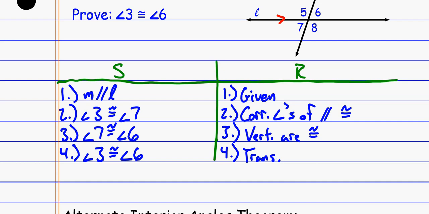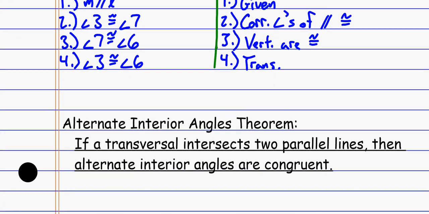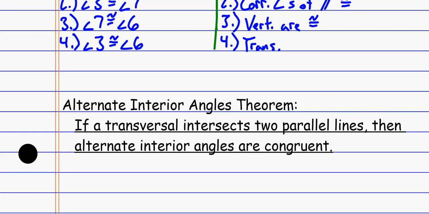So now what I've proven, and here's the theorem I have, alternate interior angles. Basically, if a transversal intersects two parallel lines, so same conditions, got to be parallel lines, then the alternate interior angles are congruent, okay? So now I know that corresponding angles are congruent. I also know that alternate interior angles are congruent, okay?